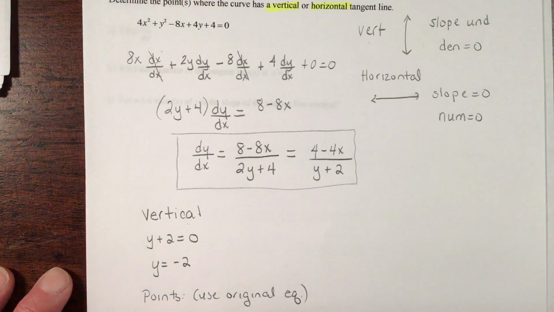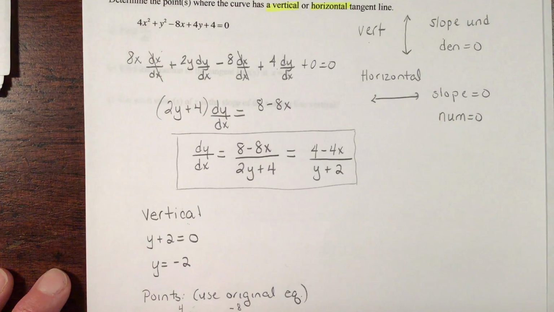To continue, I get 4x squared plus, I've got 4 here and negative 8 here and 4 here. Overall, that's going to make a 0, so that's just going to cancel.